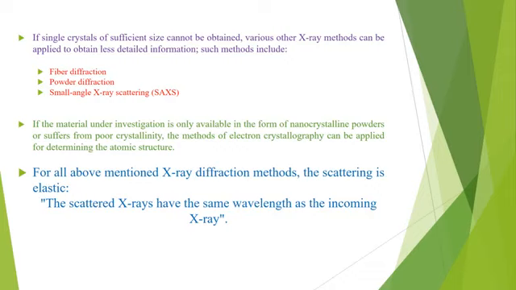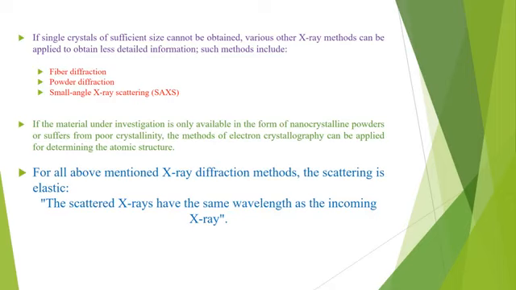That means if the crystal is not of sufficient size, then we use different other X-ray methods to get the information about that crystal, and these methods are fiber diffraction, powder diffraction, and small angle X-ray scattering.